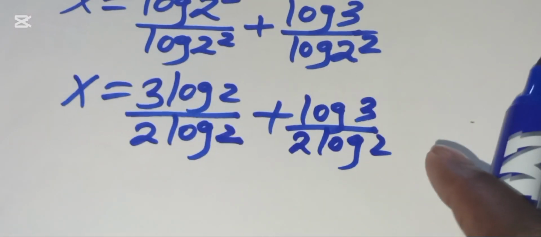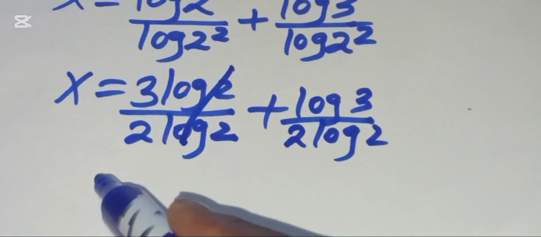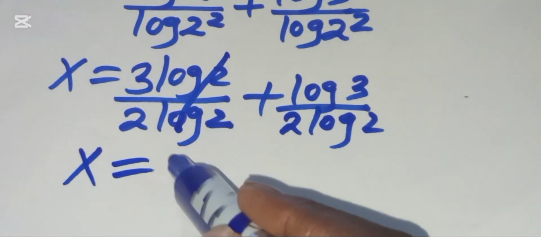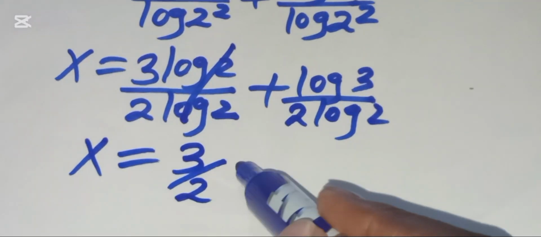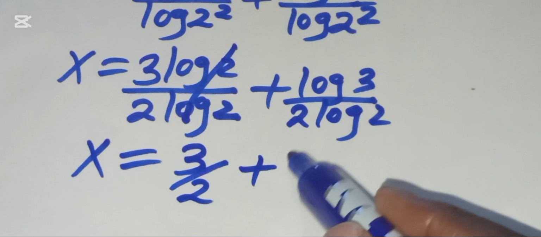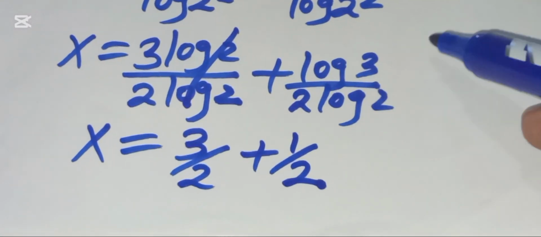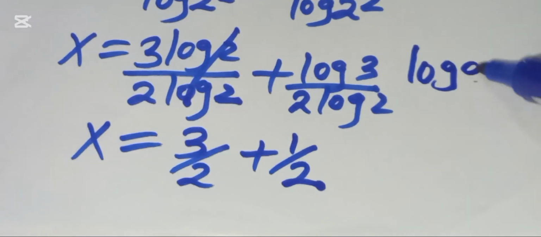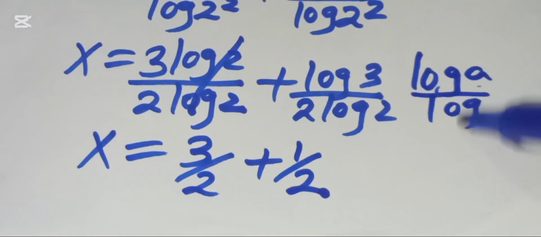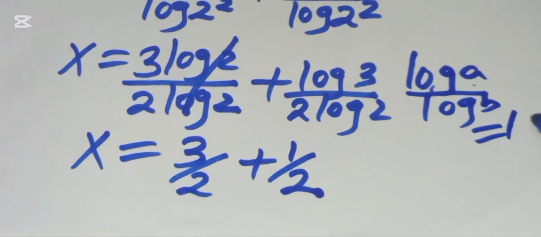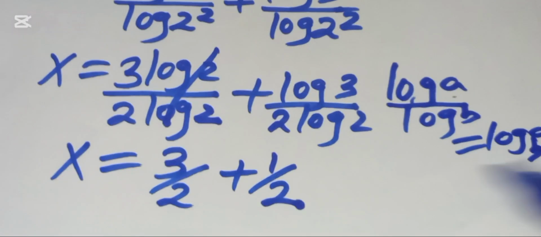Now if we simplify, x is equal to 3 divided by 2 plus half times log 3 divided by log 2. Log 3 divided by log 2 is in the form of log a divided by log b, which is log a to base b.